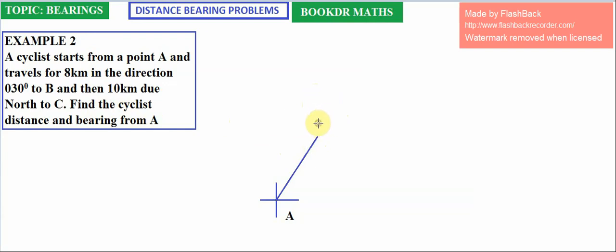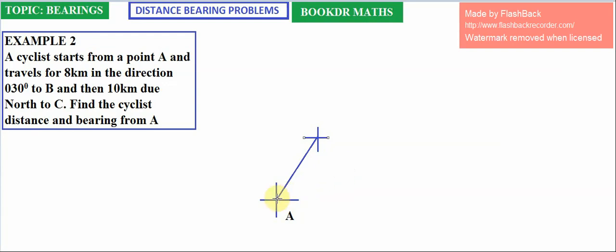Then this will be our position B. But if you're not doing scale drawing, when you draw the first line, all other lines will be drawn subjected to the first line you have drawn. So like this, I'm not doing scale drawing. I can stretch my 8 kilometers to anywhere I want. But note that the other lines that you'll be drawing in the diagram will be subjected to this one.